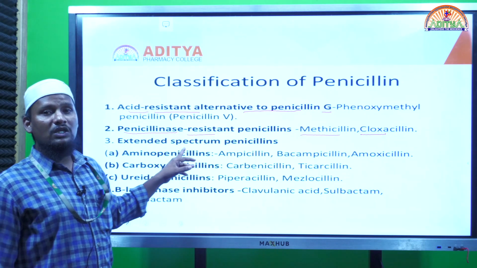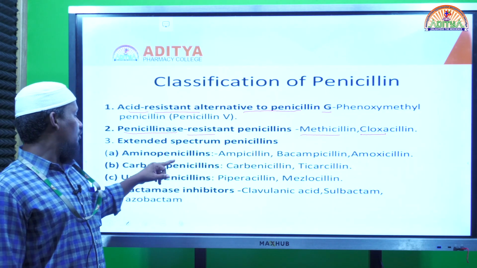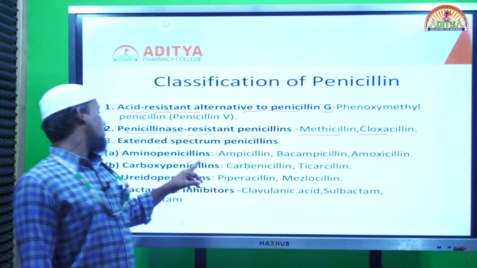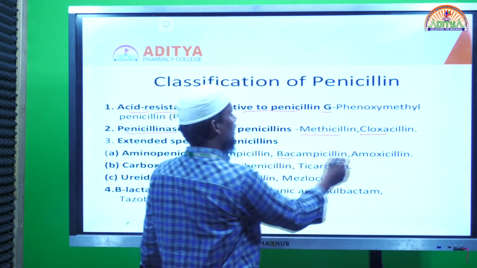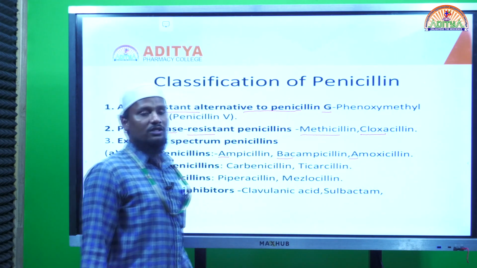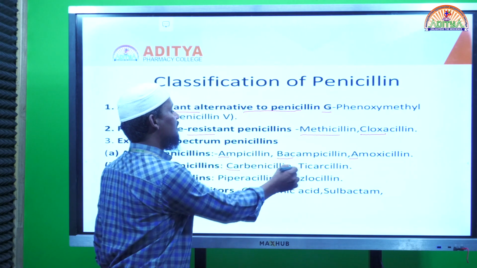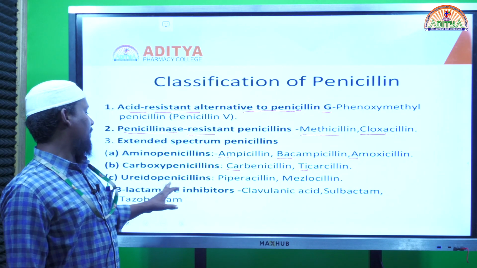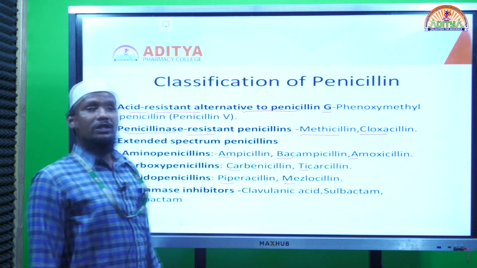Okay, next, extended spectrum penicillins. In the class of extended spectrum penicillins, there are 3 categories: the aminopenicillins, carboxypenicillins and ureidopenicillins. In aminopenicillins, the drugs are ampicillin, bacampicillin and amoxicillin. In carboxypenicillins, that is carbenicillin and ticarcillin. In ureidopenicillins, that is piperacillin and mezlocillin.